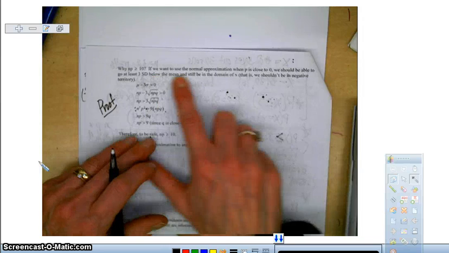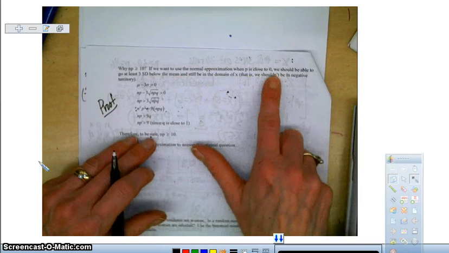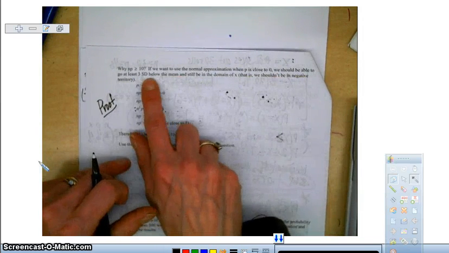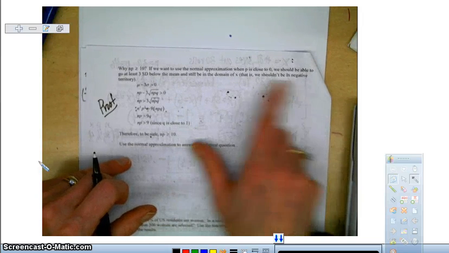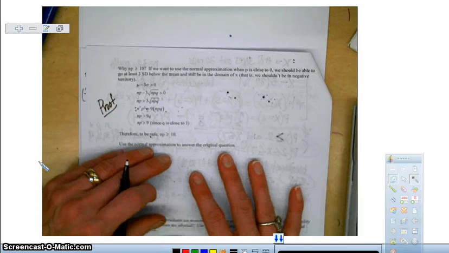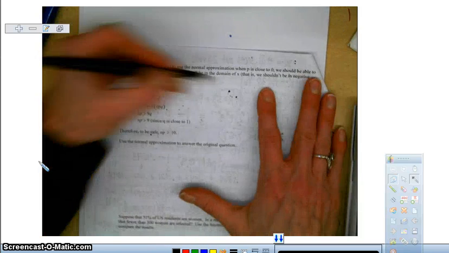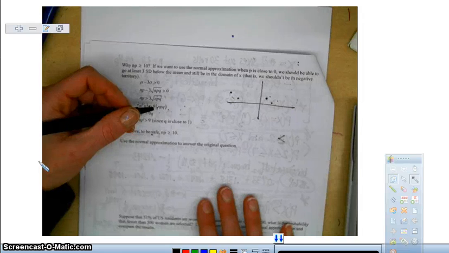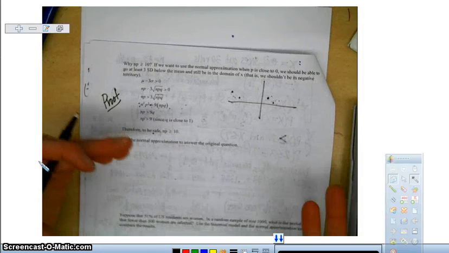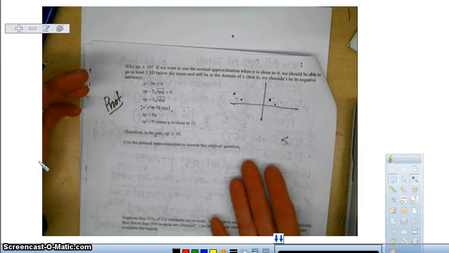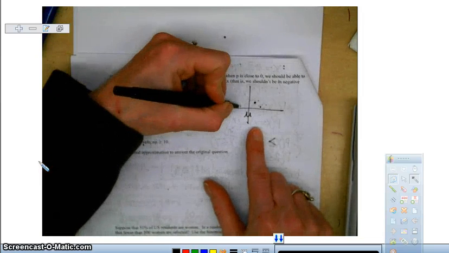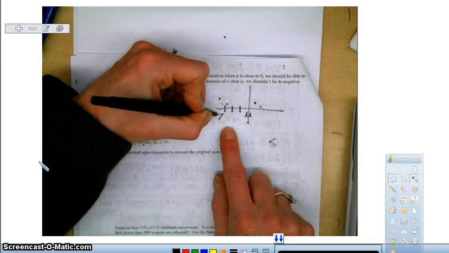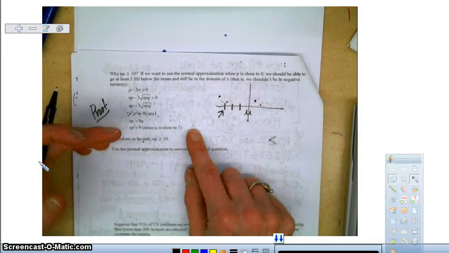So if we want to use the normal approximation when p is close to 0, we should be able to go at least 3 standard deviations below the mean and still be in the domain of x. In other words, we shouldn't be in negative territory. Basically they're saying if we're going to use a normal model for things like getting a number of 6s, here's the mean, we should be able to go 3 standard deviations, and can you roll a negative number of 6s?